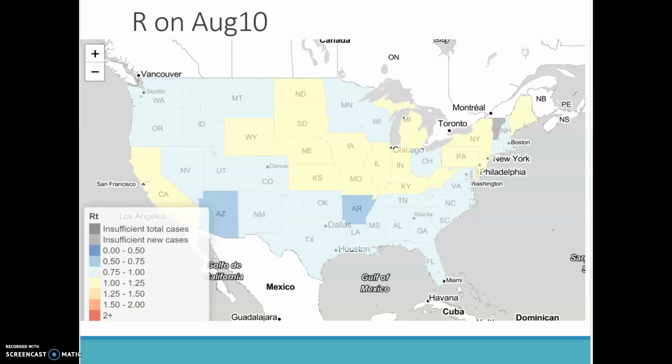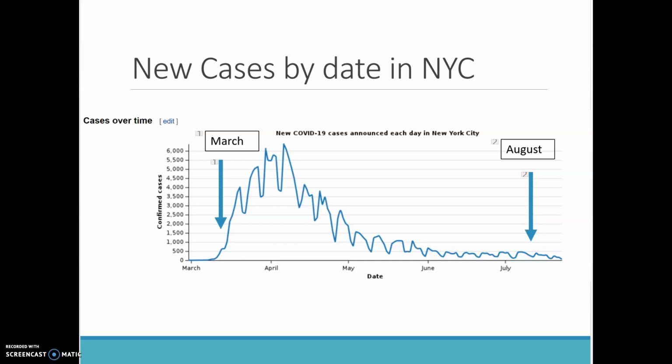So this is another way we might choose to describe the distribution of cases or the distribution of rates. So this is looking at new cases over time. So you can see here, this is March, and this is over here where we are now.